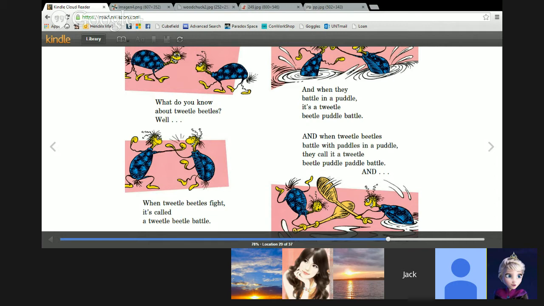Okay, so try saying that paragraph one more time. And when they battle in a puddle, it's twiddle, biddle, paddle, bottle. Battle. Yeah. So you want to make sure that your battle sounds different from puddle. That there's a different vowel. It's puddle, battle. Paddle, battle.